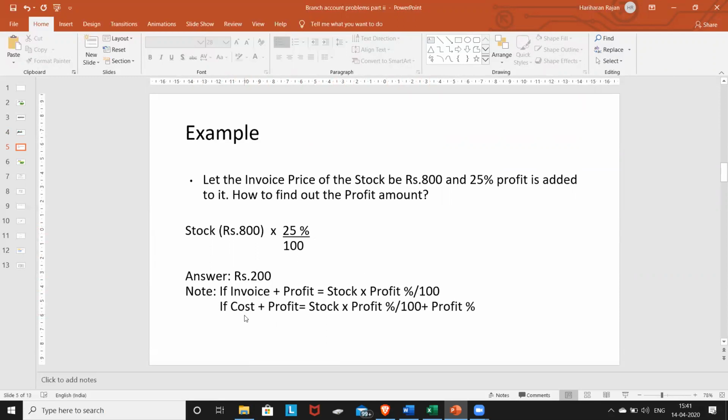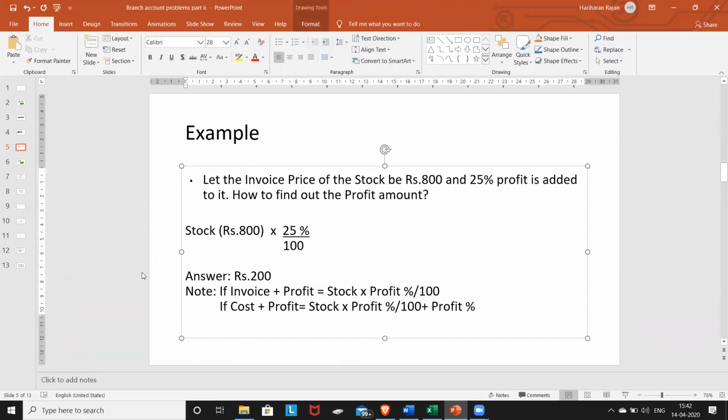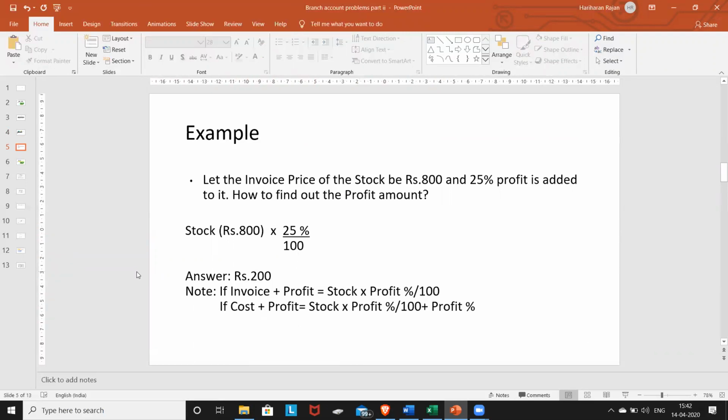If the question says cost plus profit, then the formula will change. It cannot be the same formula: stock into profit divided by 100 plus profit. I will do a separate video on this, with a problem, so you can follow the next video. Kindly subscribe to the channel so that you can follow other videos.